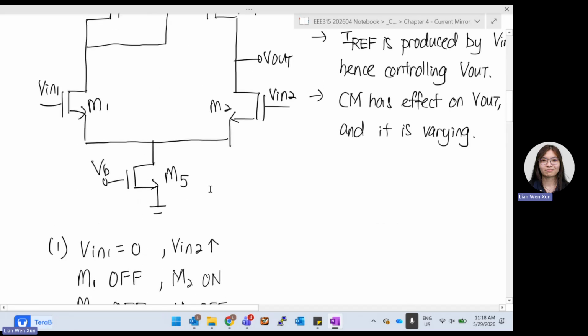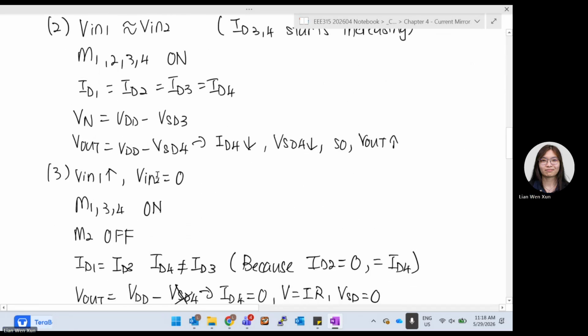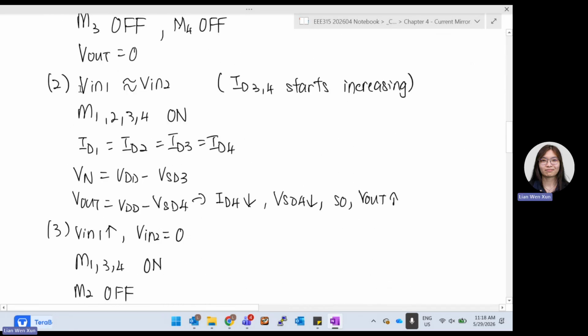So you can see from this equation, here Vin1 is slowly approaching Vin2. So Vin1 minus Vin2 slowly goes up from negative. When it slowly goes up, your Vout is actually increasing. Why is it increasing?